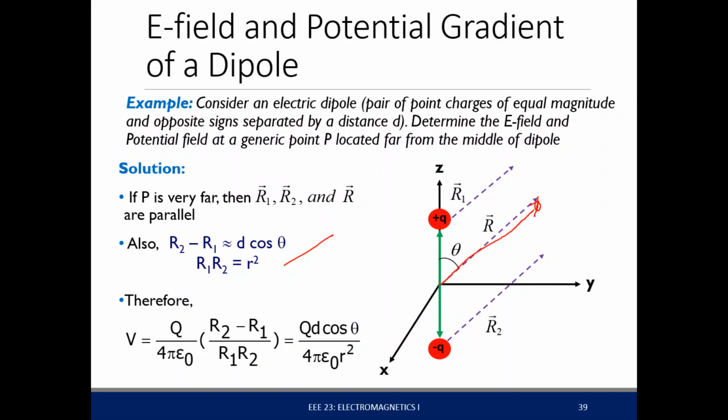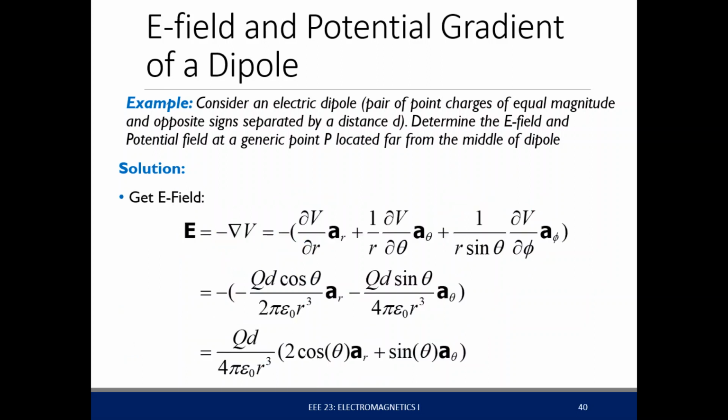R1 times R2 is approximately the magnitude of R squared, or the distance of point P from the center of the dipole. So we can now simplify this expression of your voltage to this: Q d cosine theta over 4 pi epsilon sub 0 times R squared.